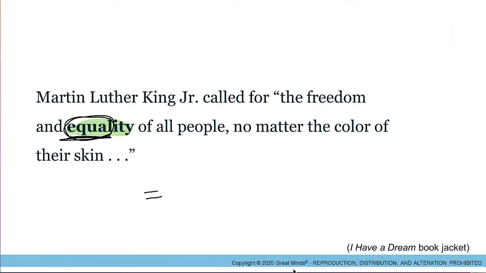You maybe remember from Martin Luther King Jr. He said that people deserve equal rights. Or if you're sharing a snack, equal would be the same amount for everyone. So there are lots of places we've heard the word equal before. Equal is a word that means being or having the same value, measure, or amount as something else.